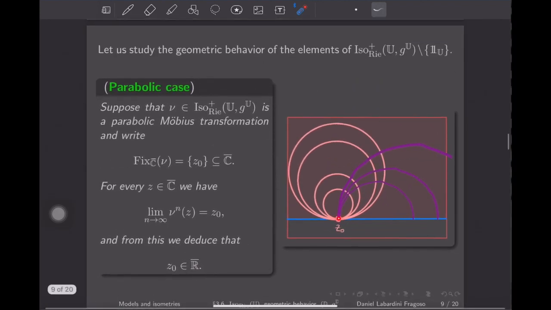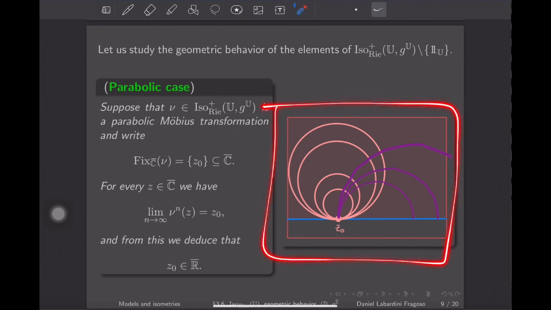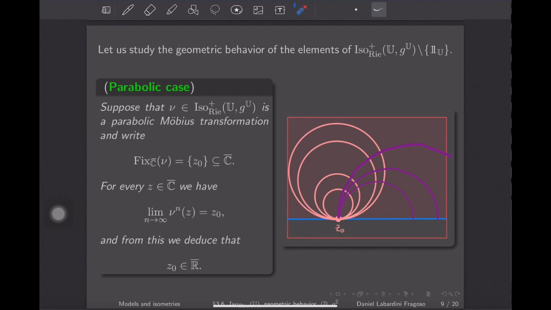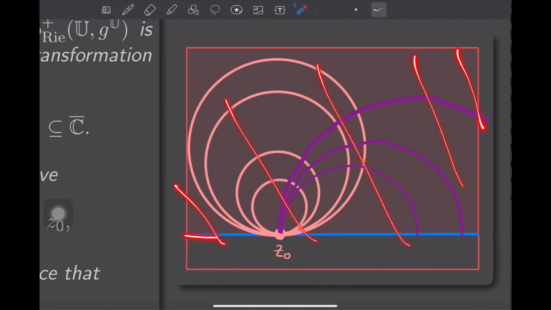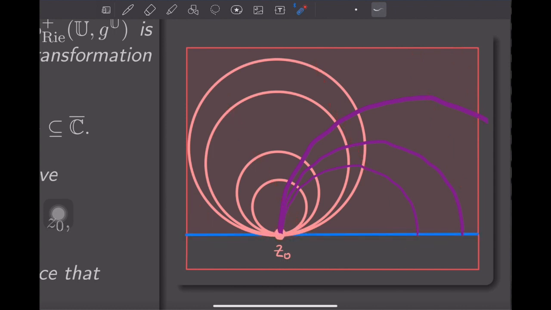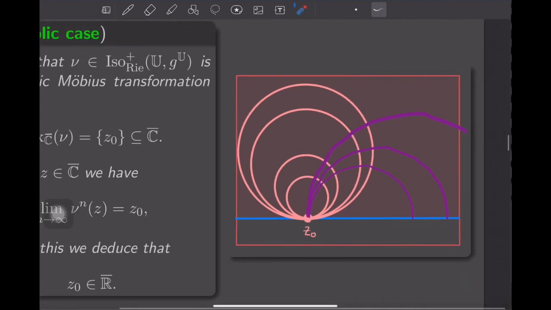Okay, it has to live in R bar, and then the corresponding picture is this one, right? And by that, what I mean is that the pink circles, which are the circles in C bar contained in U bar and tangent to R bar in Z0, those circles, the pink ones, each of them is stable under all integral powers of nu.